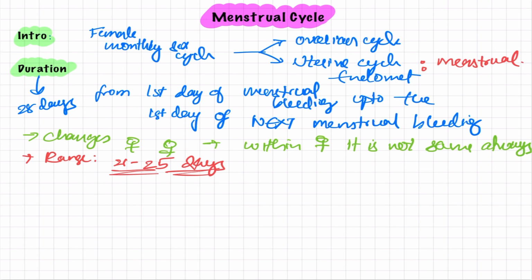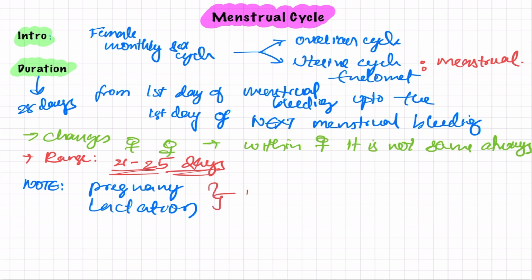Next, the most important question that is being asked nowadays is, what is the case during lactation and pregnancy? Does the cycle occur continuously even if the female is in the stage of pregnancy and lactation? So your answer must be no, it doesn't occur during pregnancy and lactation.